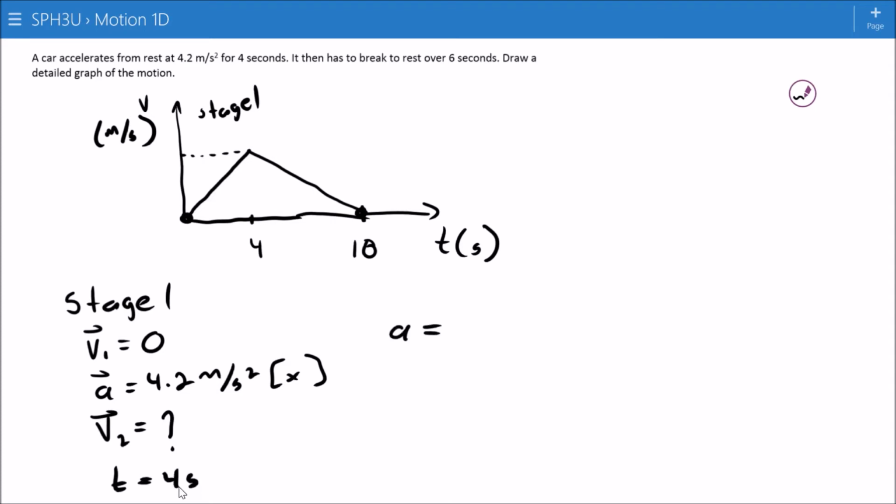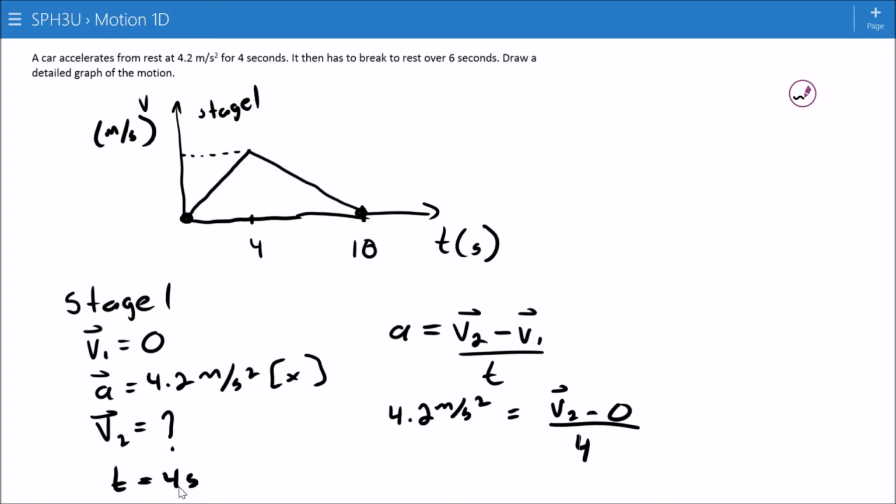So a few videos ago, we did a equals v2 minus v1 over t, which means 4.2 meters per second squared equals v2 minus 0 over a time of 4 seconds.